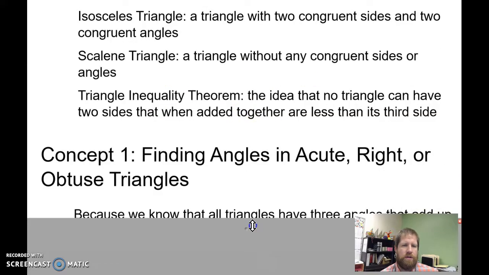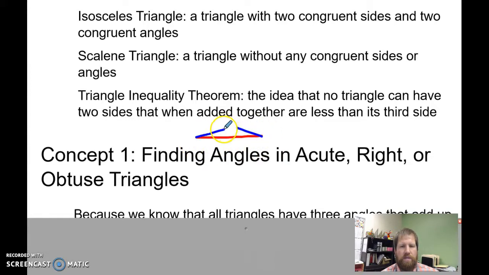And then we come to the triangle inequality theorem. That's the idea that no triangle can have two sides that when added together will equal less than the third side. Because if you did, you'd end up with something like that, where those lines never reach and you can never have a three-sided shape.